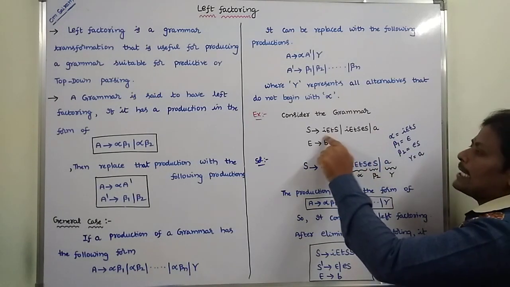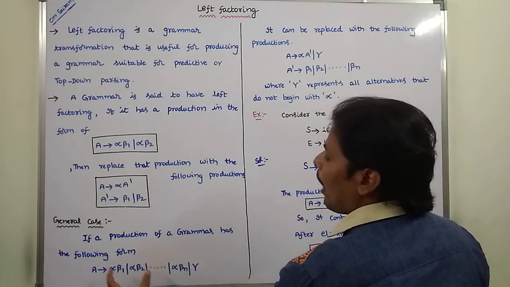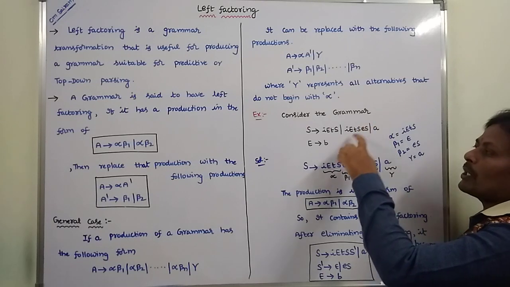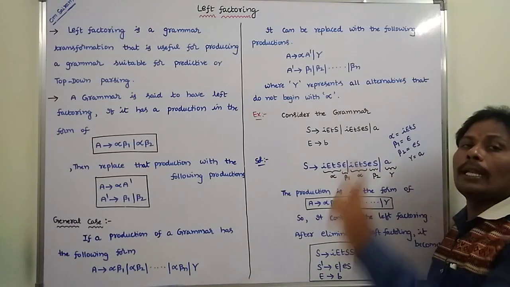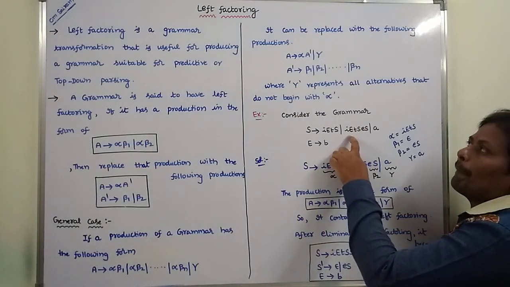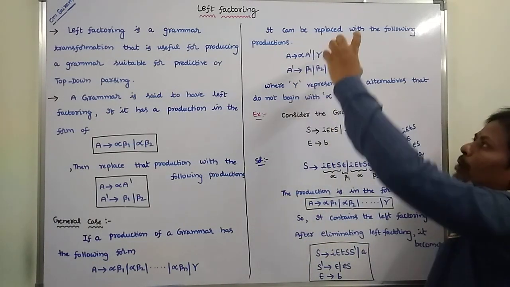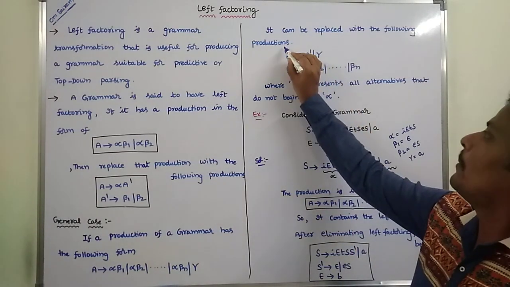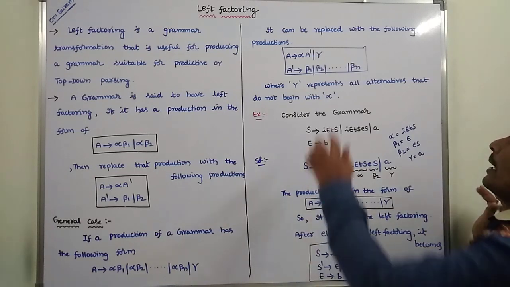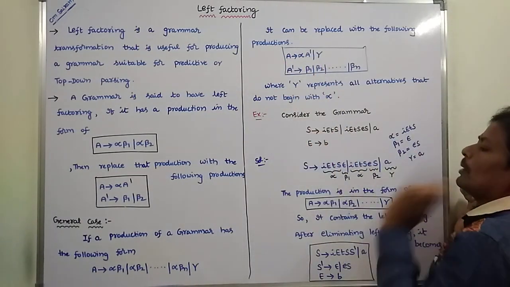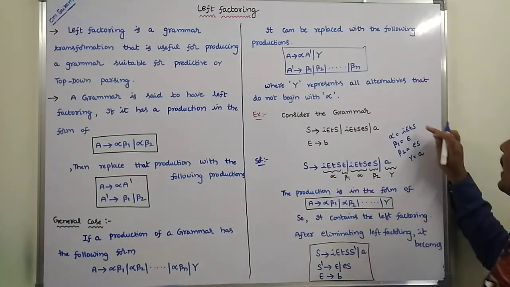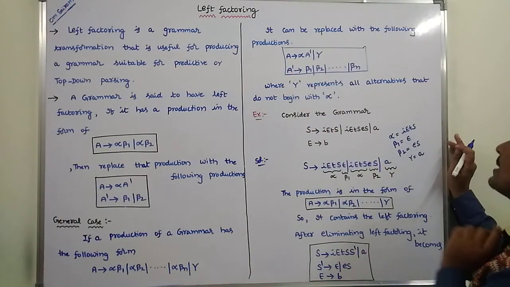So now this production is in the form of this production. Hence we can say that this production is said to have left factoring. Okay. Now this production is replaced with these two productions. The first production is A tends to, here A is equal to S. S tends to alpha A dash, alpha is nothing but IETS.